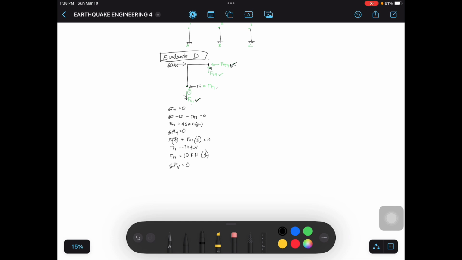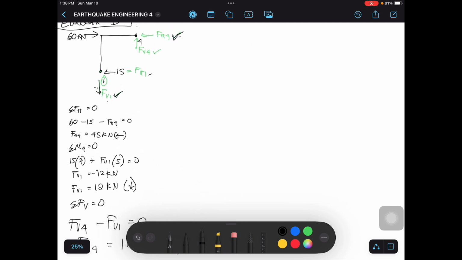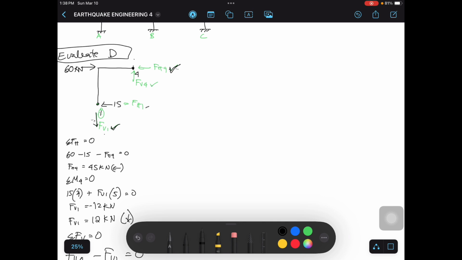Summation of forces upward si FV4. So, positive minus FV1 equals 0. So, FV4 is equal to FV1. Anong value ni FV1? 12 kilonewton. So, yes, upward siya. FV4 is upward. So, nakumpleto na natin ang mga forces ni segment D. So, in equilibrium na siya.